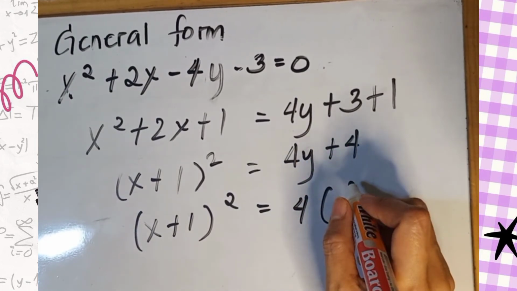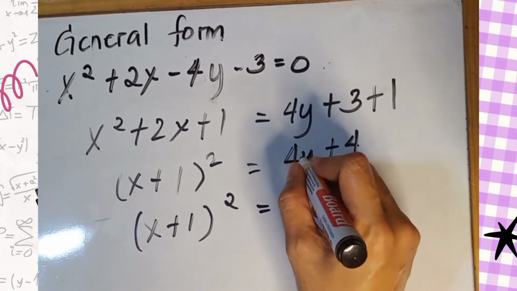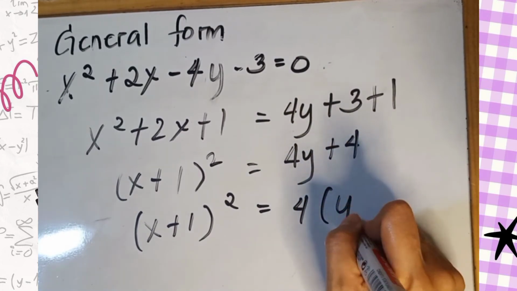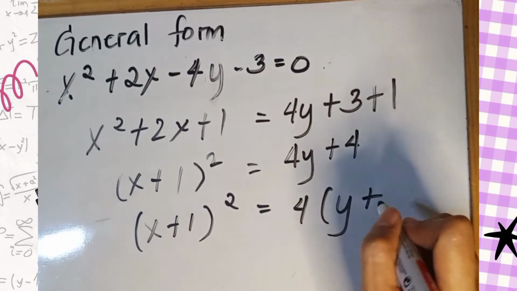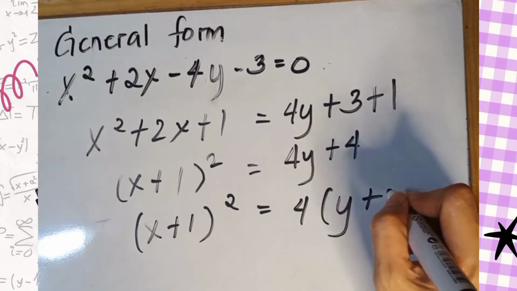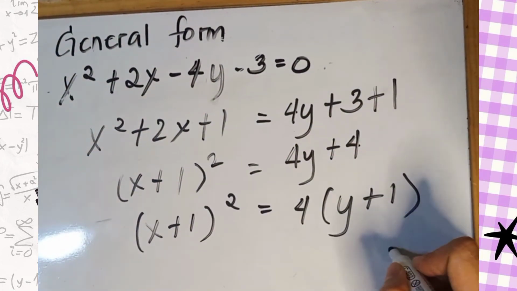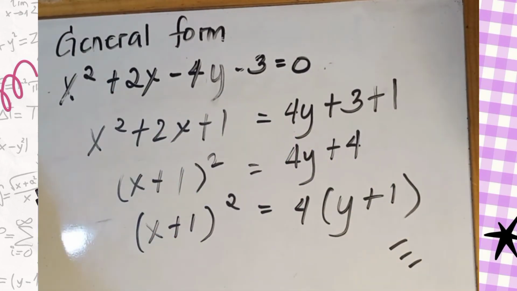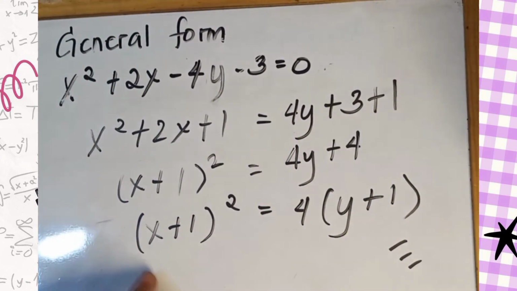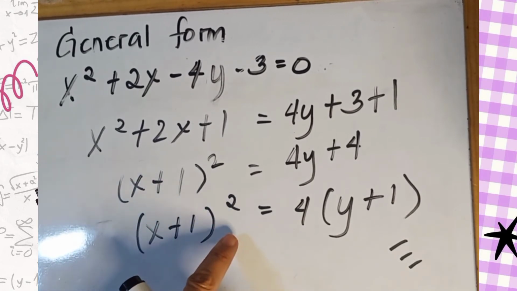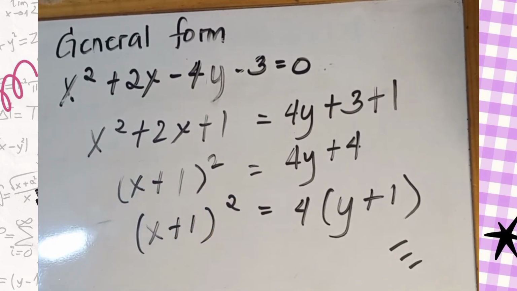So, ano na lang yung matitira sa loob ng parenthesis? 4y divided by 4, that's y. And then 4 divided by 4, that is 1. So, this is now yung equivalent ng ating equation in standard form. X plus 1 squared is equal to 4 times y plus 1.